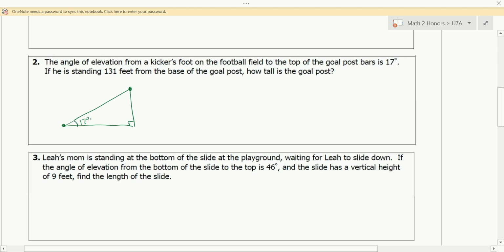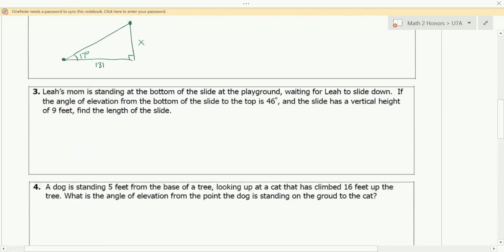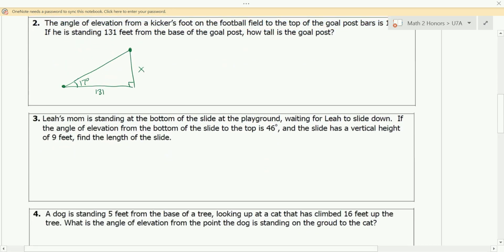He's standing 131 feet from the base of the goalpost. So here's 131. That's your horizontal distance. And then the question is, how tall is that goalpost? So this is where our variable would go. So if you have a picture like that, you started right, and you're off to a good start, and you would finish that problem. We don't worry about doing that right now, though. Try reading number 3 and drawing a diagram for that one now.